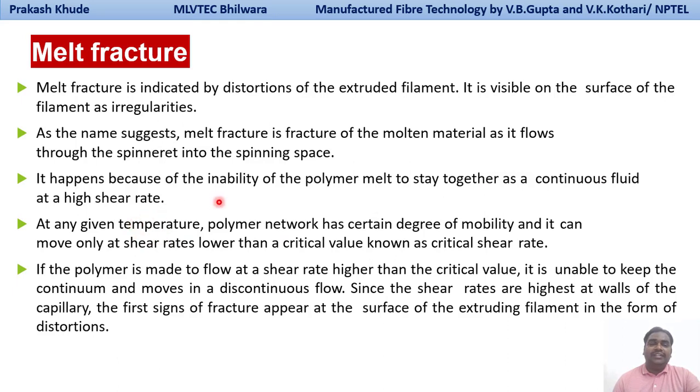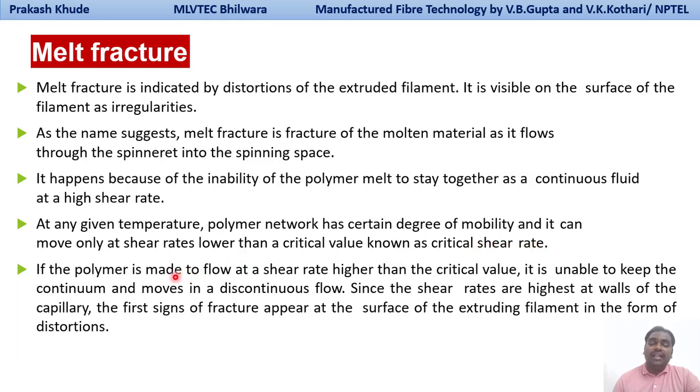At any given temperature, this polymeric network has a certain degree of mobility, as we know, and it can move only at a shear rate lower than the critical value known as the critical shear rate.